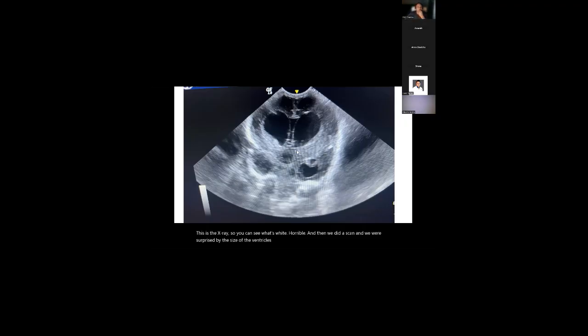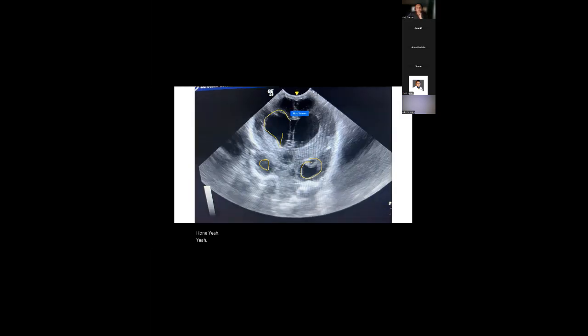This is the orbit, as far as I could go, and I can see dilated ventricles even up to here. Cavum septum pellucidum, and we see the interhemispheric fissure. Is this the temporal horn dilated? Yes, both temporal horns dilated. Very dilated frontal horns.